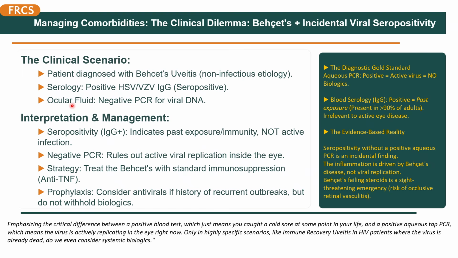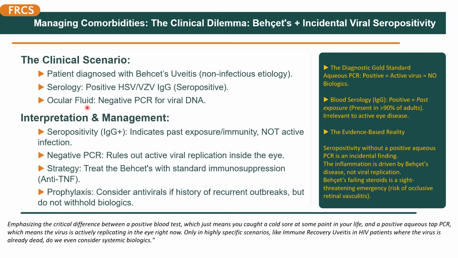Even if you did the PCR for the aqueous tap and found it negative, what is your decision about the management of this case? For example, there is an indication for the use of biological treatment in this patient, or he is steroid resistant, or he developed complications from steroids.